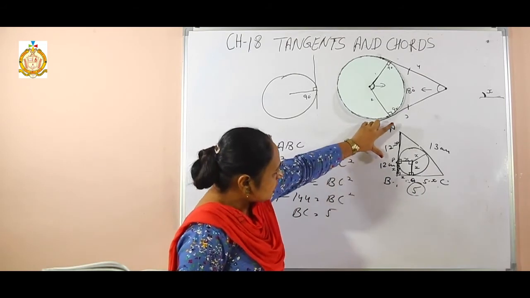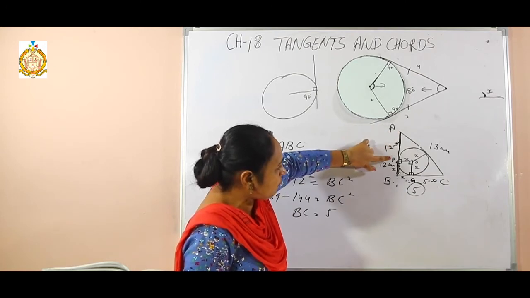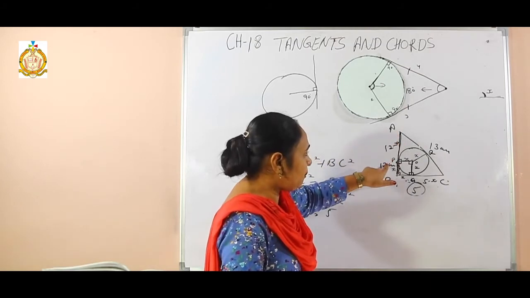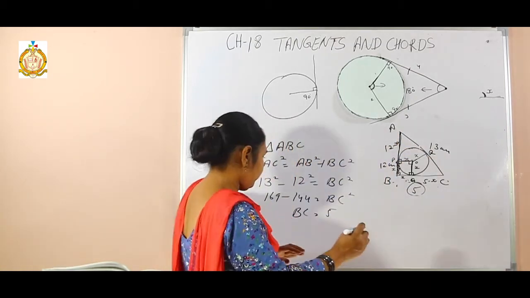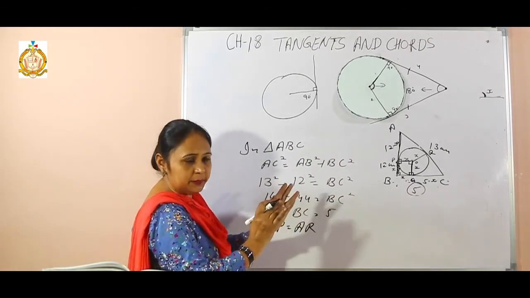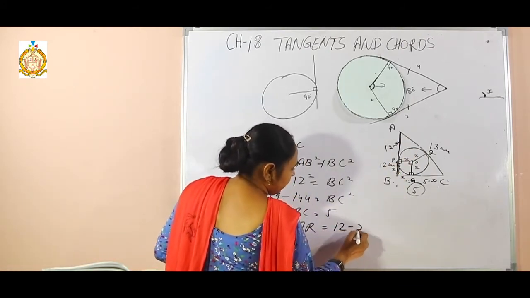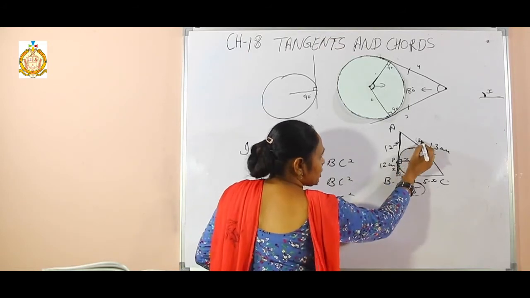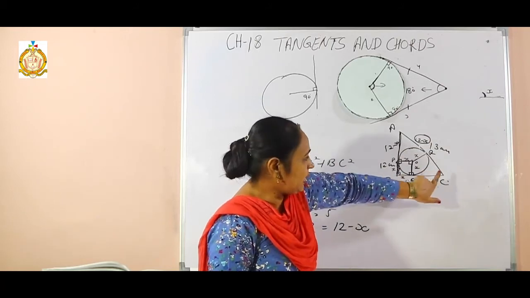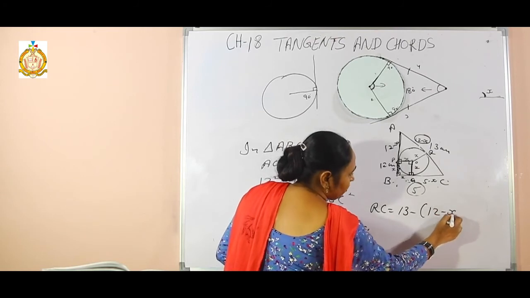Okay. Now see it. AP is 12 minus X. From point A, one tangent is AP and another is AR. Now AP will be equal to AR, because tangents from the common point are equal. Now this AR becomes 12 minus X. But this full is 13. It means RC will be 13 minus (12 minus X).